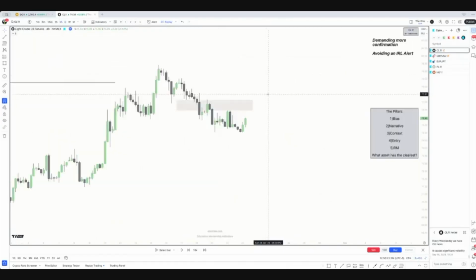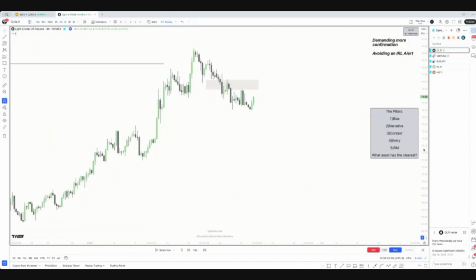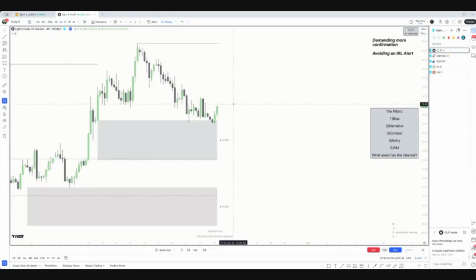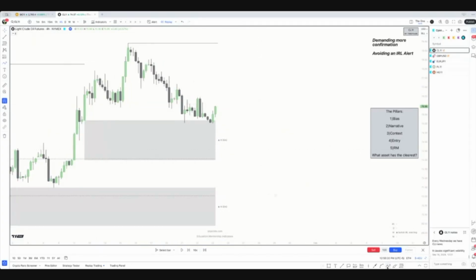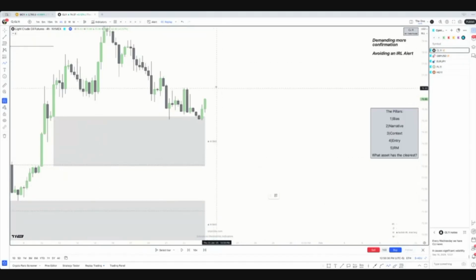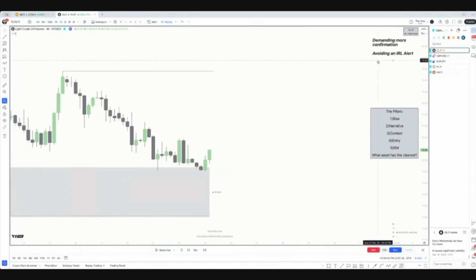Well, that can come in the form of a few different ways. We can, of course, demand a new 4-hour fair value gap out of that old one. So this right here, when I saw that alert, when I was looking at price, I told myself, I'm going to demand more confirmation. I'm not going to take this. This is lower probability, right? And I'm going to avoid that IRL alert.